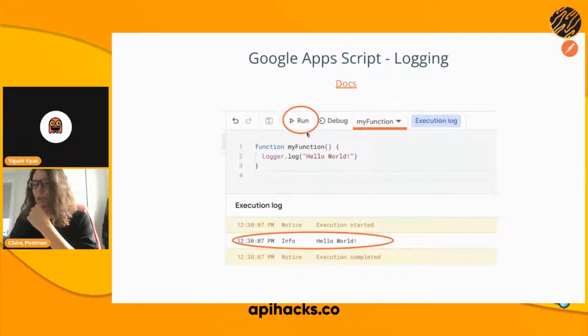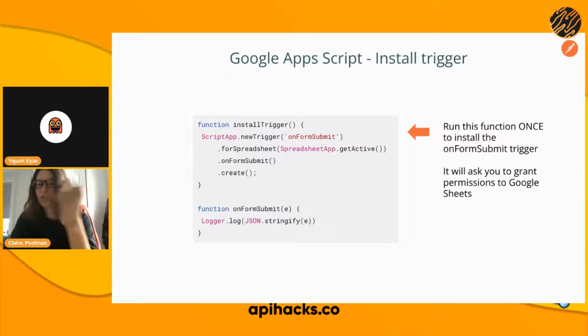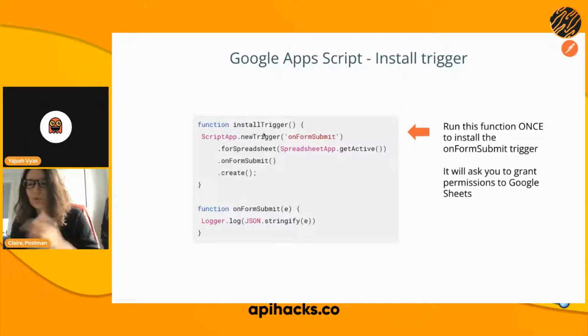So we've talked a little bit about using the Logger class, and we've linked to the documentation in the slides I'll share with you. The next thing we want to do is install a trigger. So we want our app script to listen for whenever there's a form submission and to do something when the form is submitted. And we'll do that by installing a trigger, which will listen for that event.